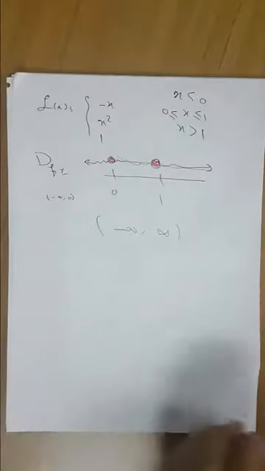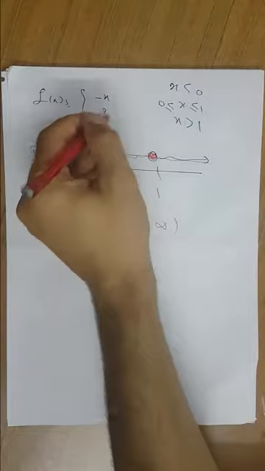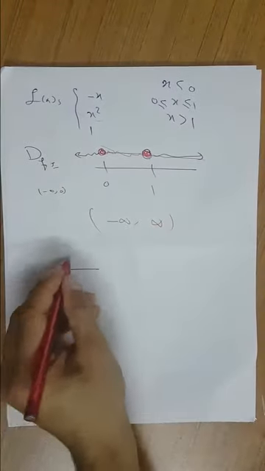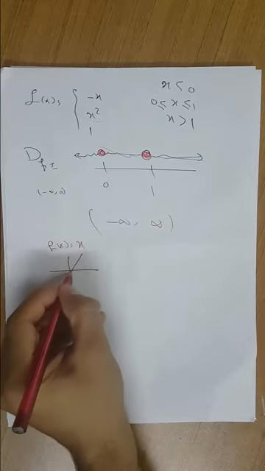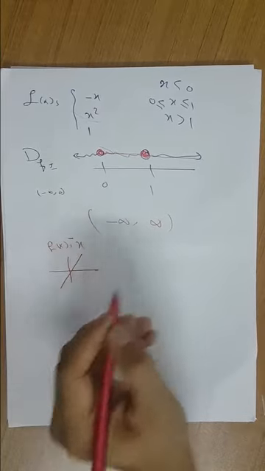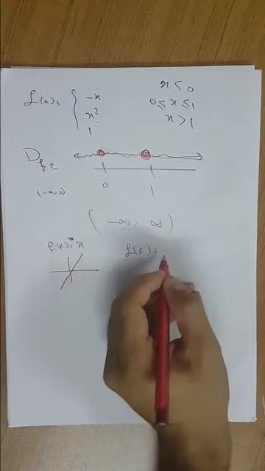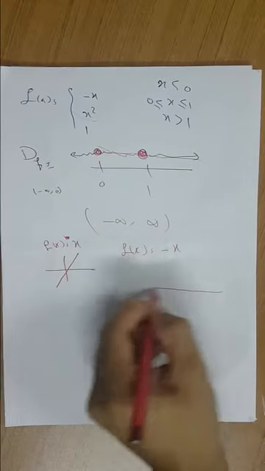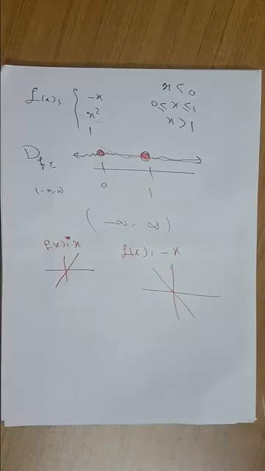Depending on the graph, in general, depending on the basic graphs, we can draw this one. How? I know f of x is equal to x is like that. How about if I multiply by minus? If I say f of x is equal to minus x, you know, we just reverse like that, right?